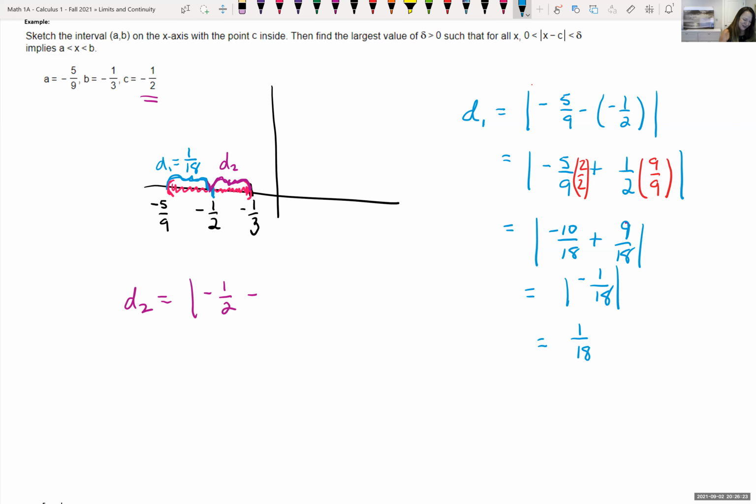Distance 2. So -1/2 minus 1/3. So we're going to need a common denominator. So this is -1/2, but my common denominator is going to be 6. So I'm multiplying that first fraction by 3/3.